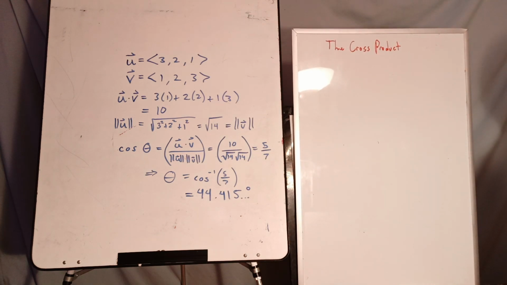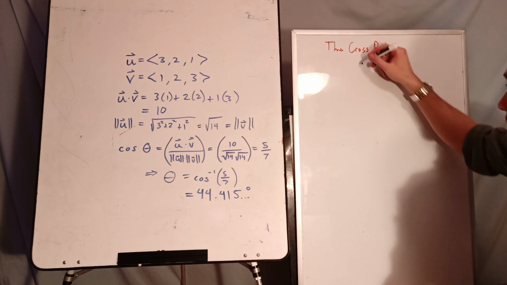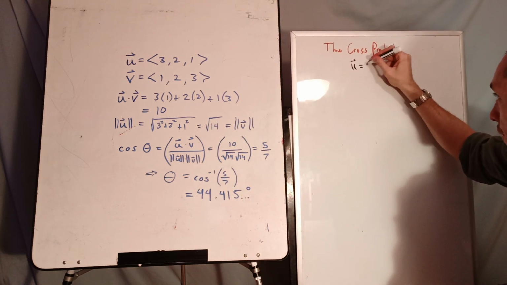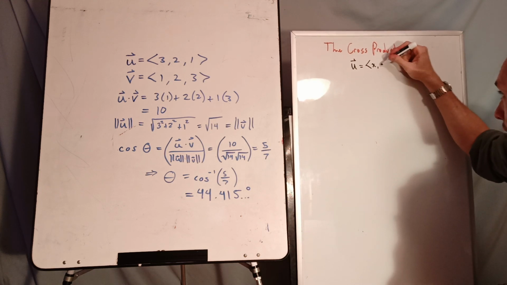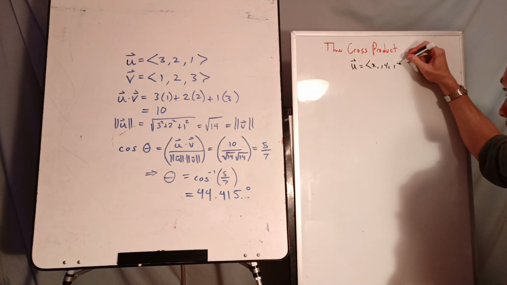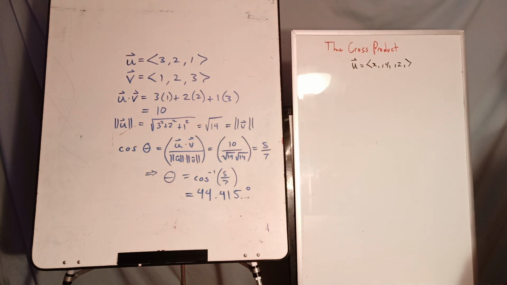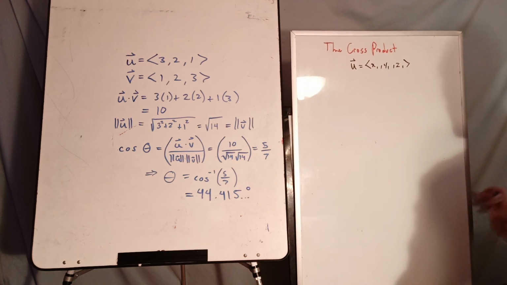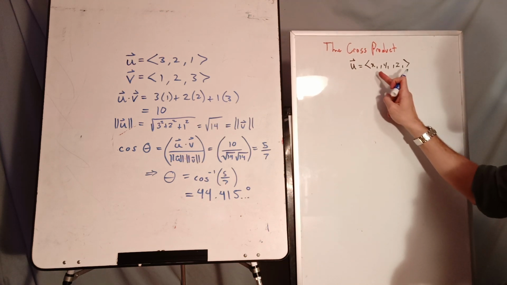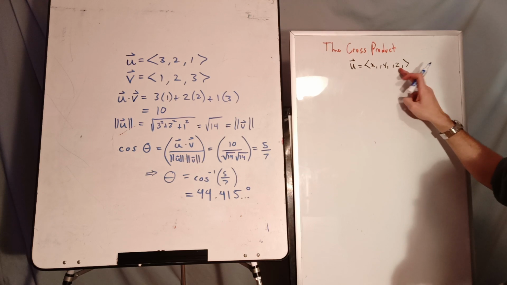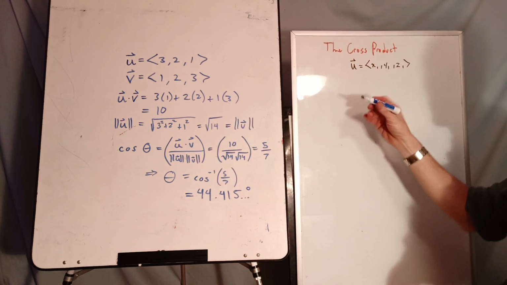So let's start again with some component version of u. I'll call this x1, y1, z1. Again, if you're following along at home and you want to call this ABC, or XU, YU, ZU, or UX, UY, UZ, whatever, what's in a name?